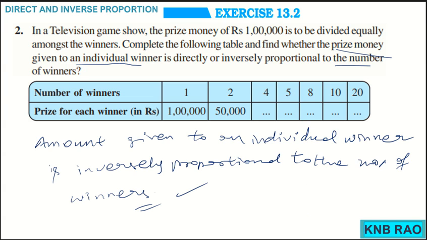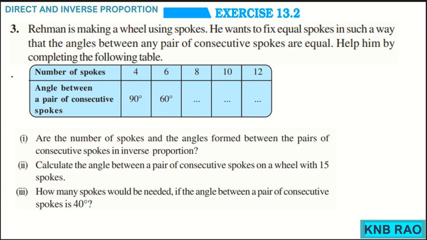Coming to the question number 3rd, Rahman is making a wheel using spokes. He wants to fix equal spokes in such a way that the angle between any pair of consecutive spokes is equal. Help him by completing the following table.